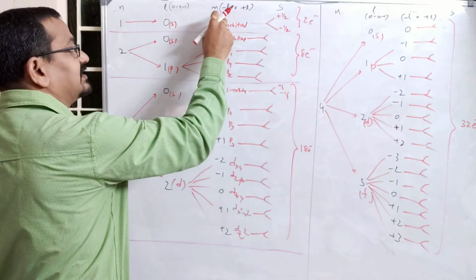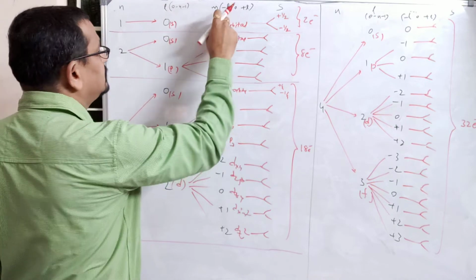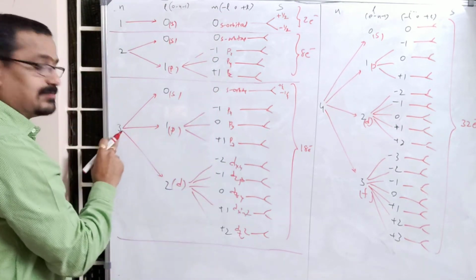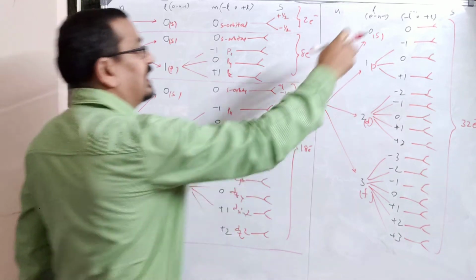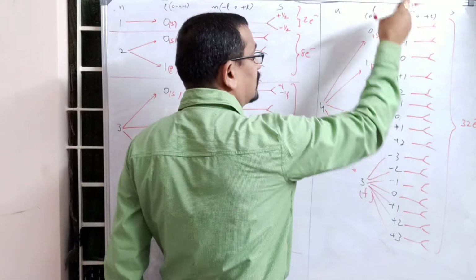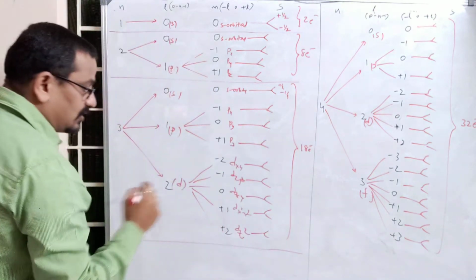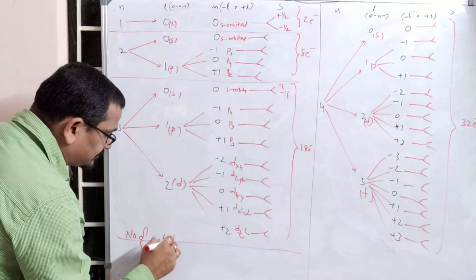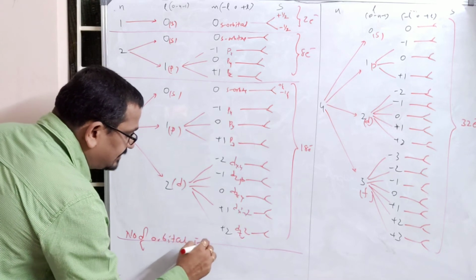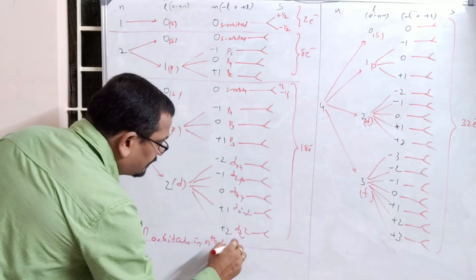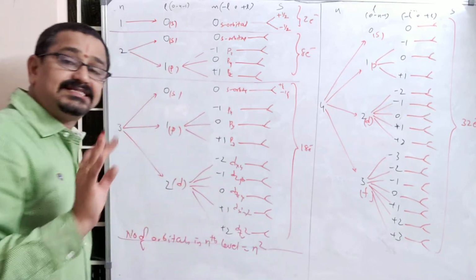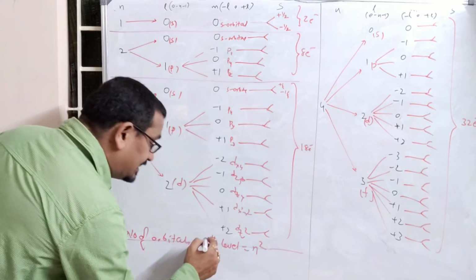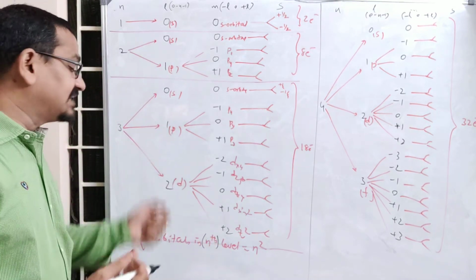Here 1 square indicates the number of orbitals under 1, 2 square indicates the number of orbitals under 2, 3 square indicates the number of orbitals under 3, and 4 square indicates the number of orbitals under 4. So we can calculate the number of orbitals in the nth level as n square. Remember this formula. I am repeating: the number of orbitals in a given nth level is n square.